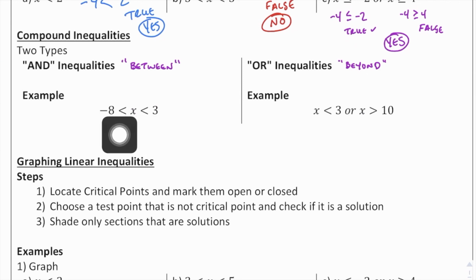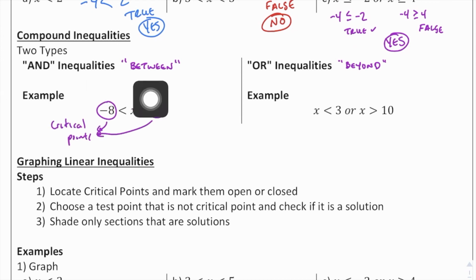These two numbers are what we call our critical points. For an or statement, or beyond statement, you would always see the word or, and you'll see two inequalities. Usually, they don't match, but that's just a generalization. Again, they're going to give you some critical points.